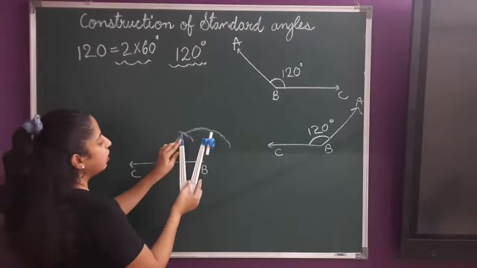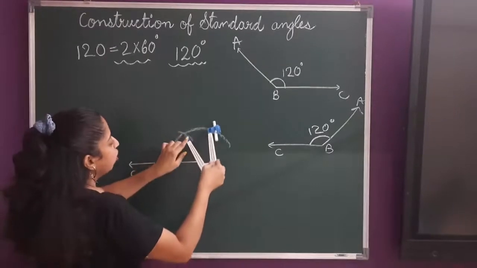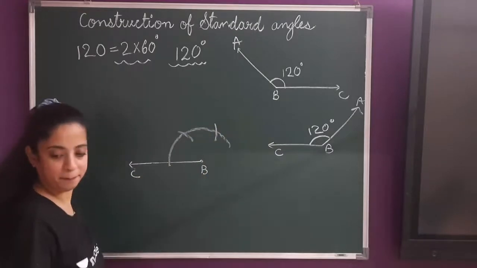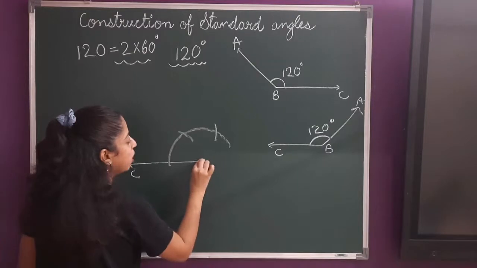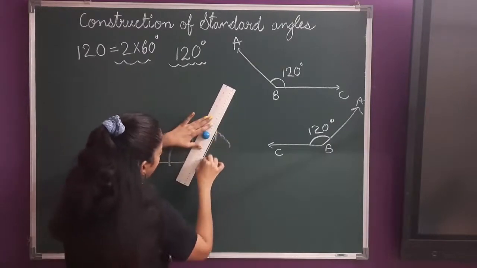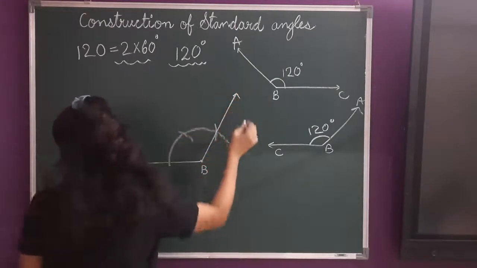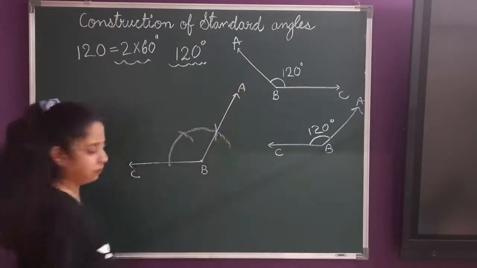Now keeping the pointer here and not changing the measurement, I will draw another cut. Now simply join B and this second point. This is A.